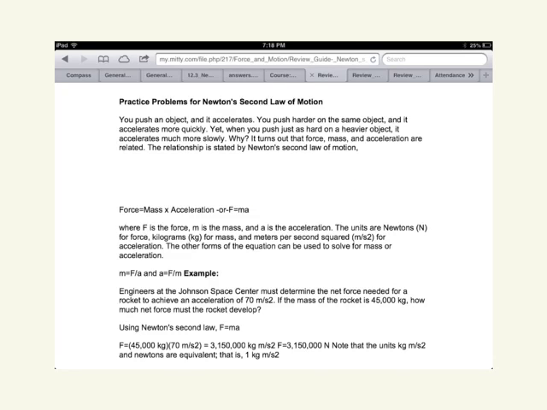You may be faced with a problem where you're asked to figure out an acceleration, but you're not told the acceleration. You may be told the velocity. So in this case, you can use a formula for acceleration, which is a equals Vf minus Vi over t.